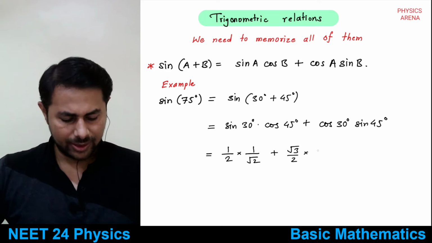And one more formula. You have sine of pi by 2 minus theta. So again, just apply the same thing: sine a cos b, and instead of plus sine you will have minus sine here, minus cos a sin b.